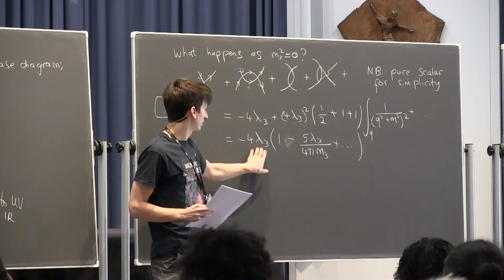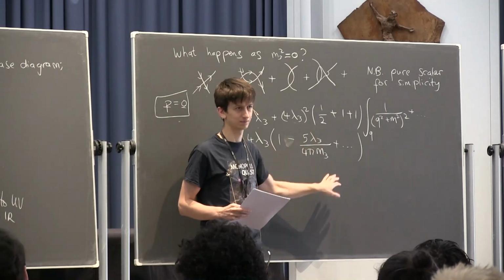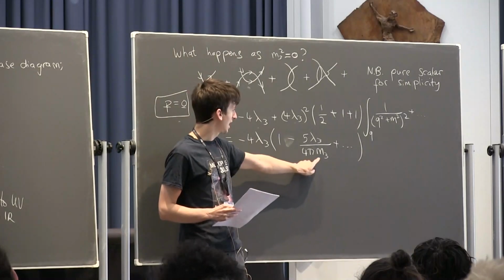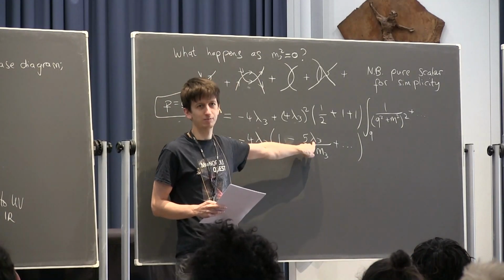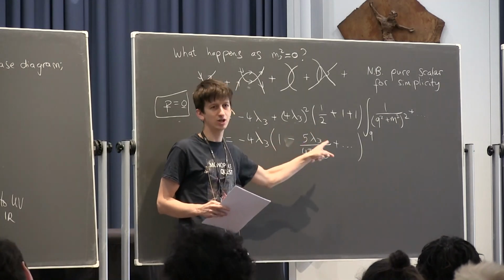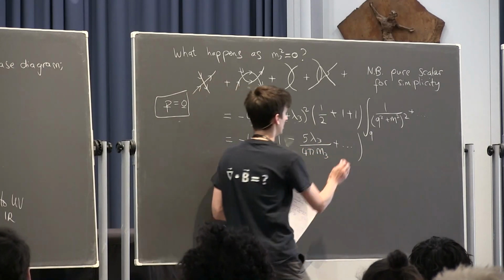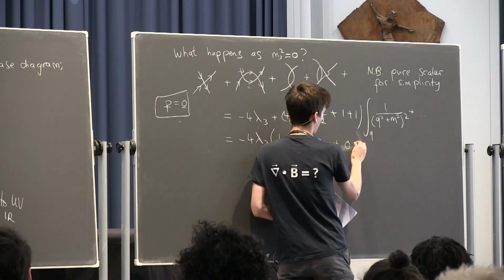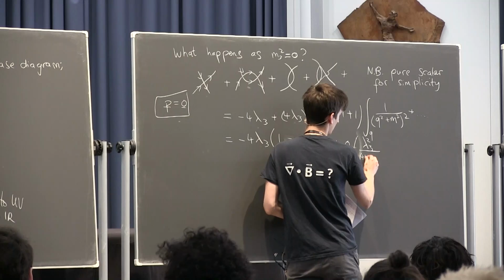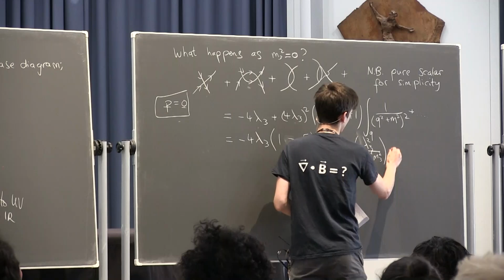So what have we learned? We've learned that the 4-point interaction is corrected at one loop by this kind of a term, and it's lambda 3 divided by m3. So this is different than you would get in 4D. And the difference is because lambda 3 now has positive mass dimension 1, and so does the mass. So we need this ratio to get a dimensionless combination. And in principle, if I were to do a 2-loop calculation, I would just find something of order lambda 3 squared on 4 pi squared m3 squared.